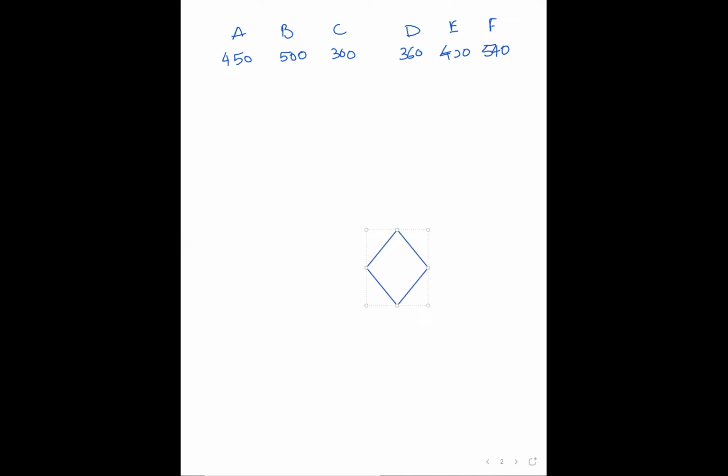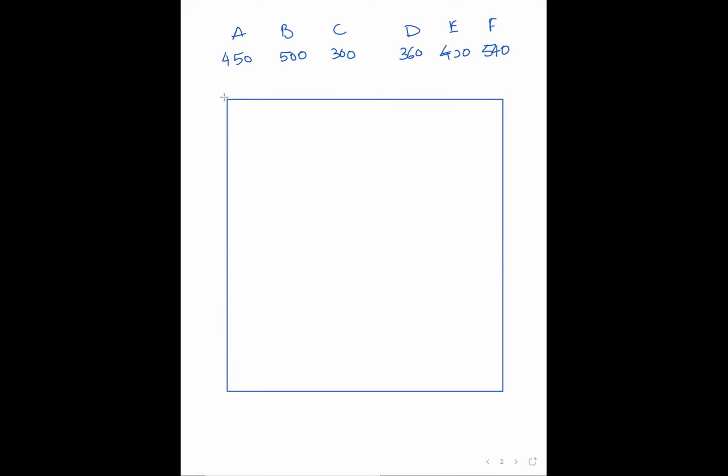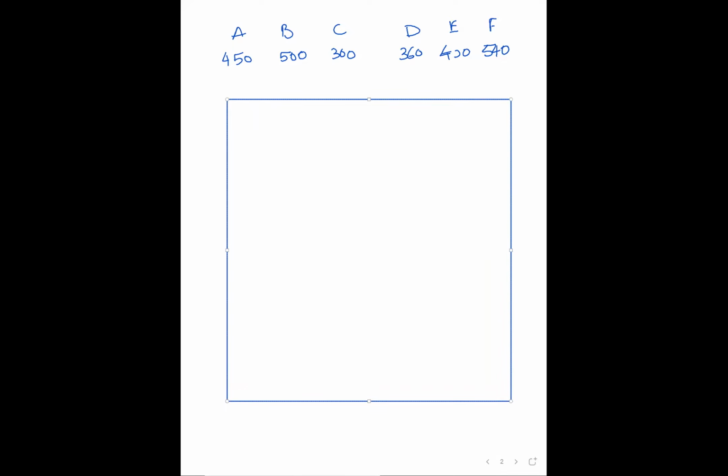For A, the number is 450, so we will draw a box and take it to exactly 450, something between 400 and 500, like the middle. What does our scale need to be? Should we take each unit to be 50 or 100 or 10?